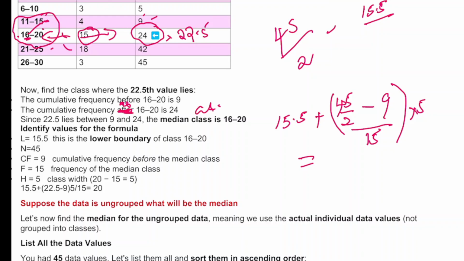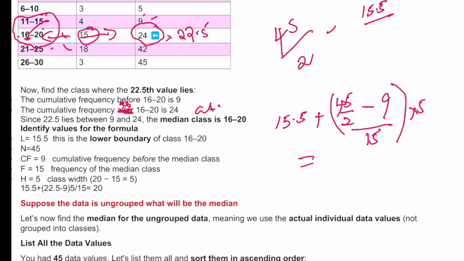So how much is that? We can calculate. I have my calculator here. Or should I use Excel so that you can also see? Let me try and see. 22.5 minus 9, times 5, divided by 15, that's 4.5, plus 15.5.